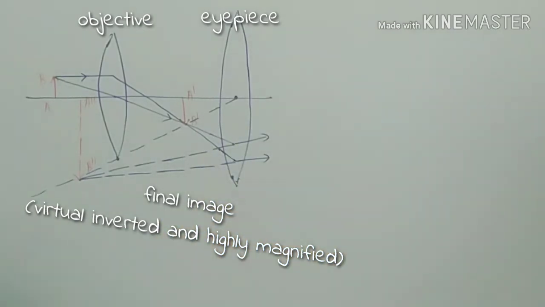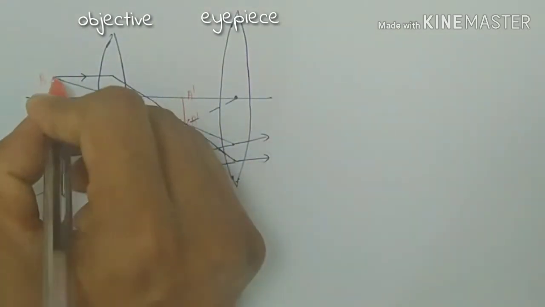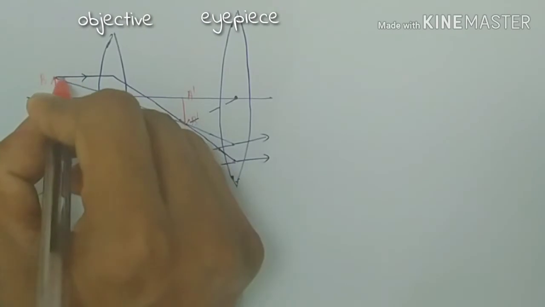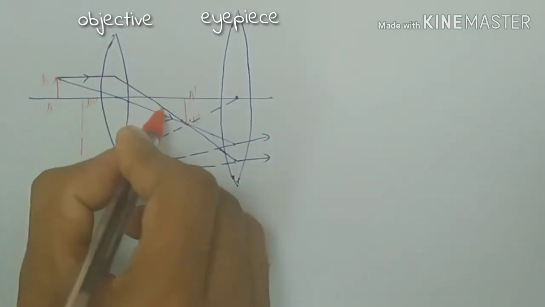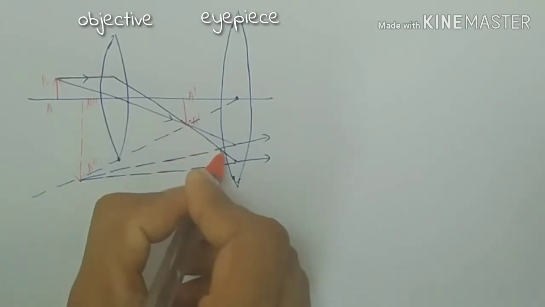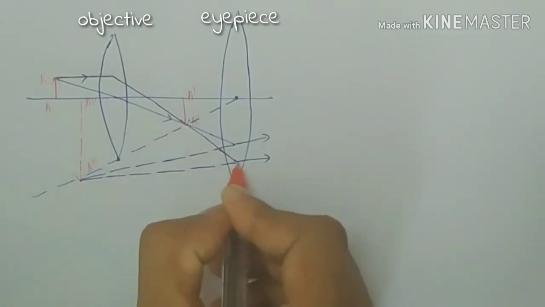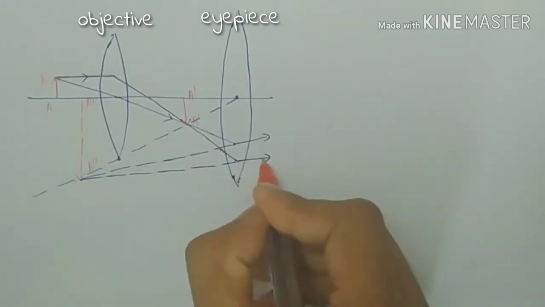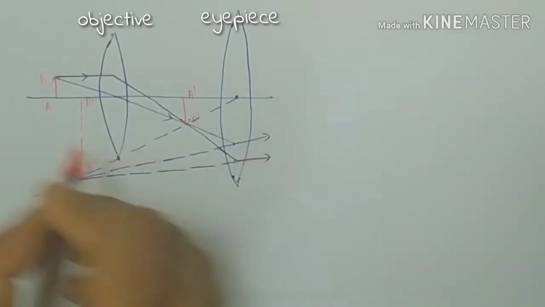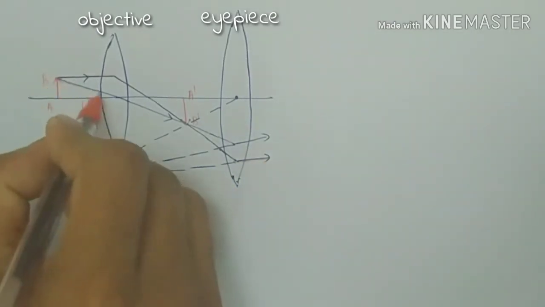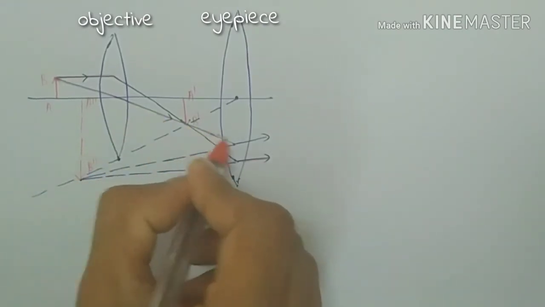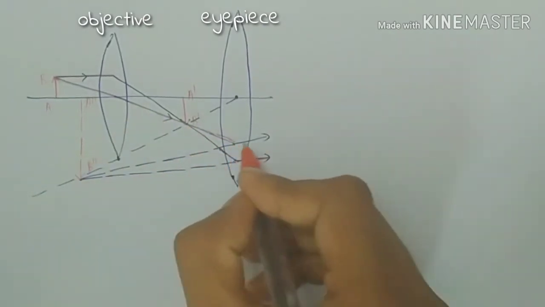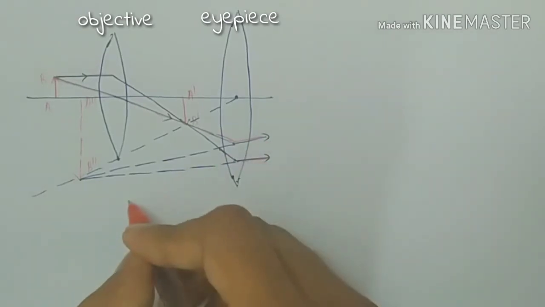Just focus your attention. Assume that one light ray is traveling like this and it is passing through the first lens. It is moving like this and finally it is reaching over here and it will travel like this. Then the other light ray will pass like this and reach the eyepiece and emerge out like this.